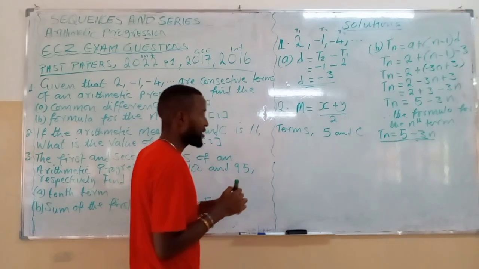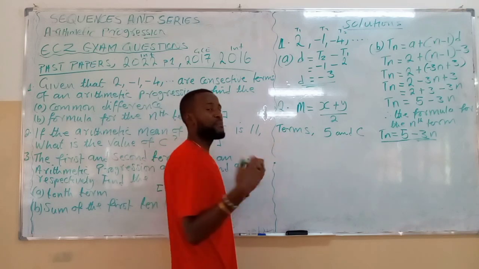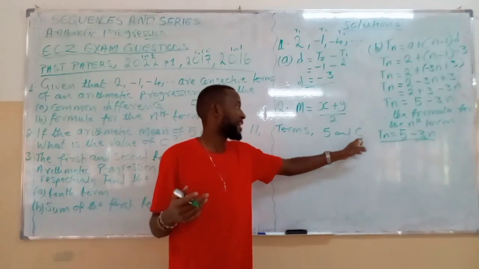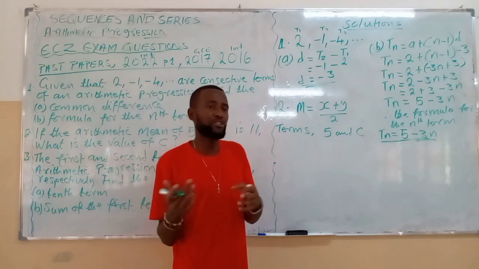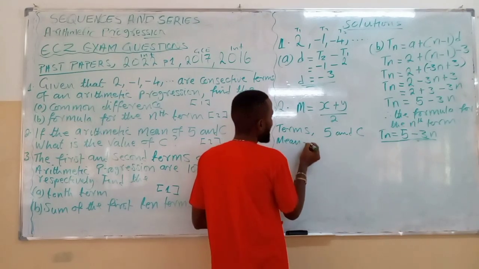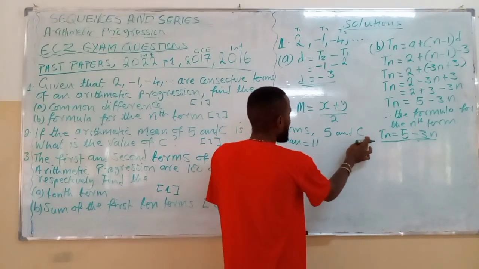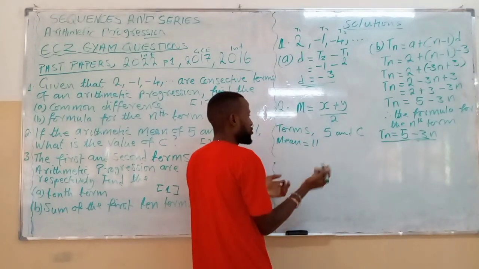But they have already found the mean for you, so you just have to find the value of C. So you will go to the grade 9 topic, which is the subject of a formula. The mean in this scenario is 11. So we need to find the value of C. Using the formula, replace this in the formula and solve for C.